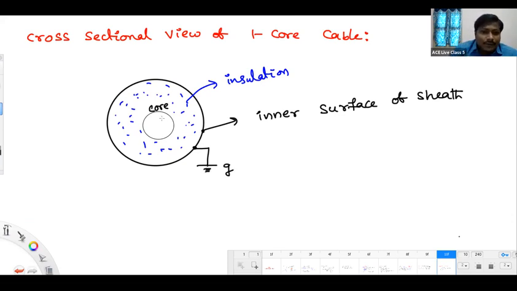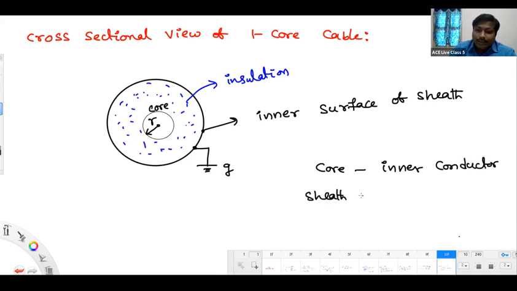Next, observe. The radius of the core is smaller, I am saying, call it r. That core is sometimes called the inner conductor, and the sheath is sometimes called the outer conductor.